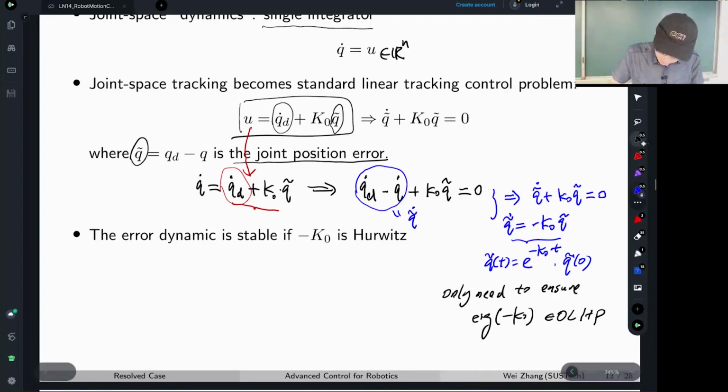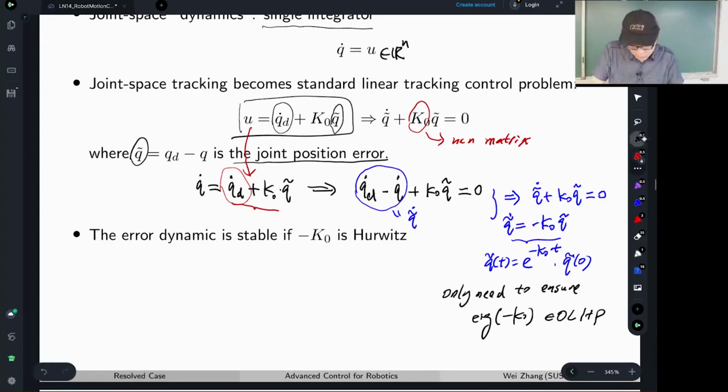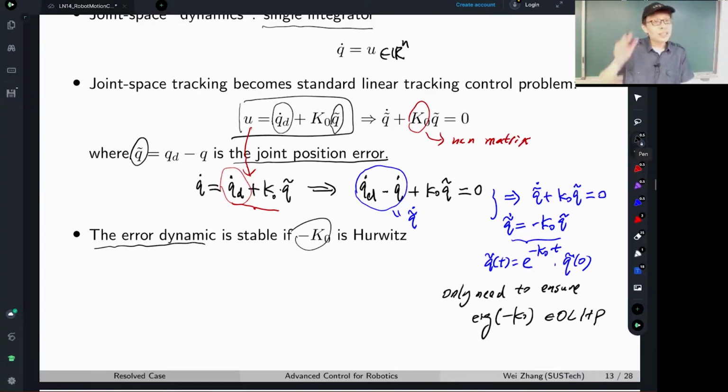What's the dimension of this K0? It's an n by n matrix, right? It's a gain matrix, and the error dynamics is stable if negative K0 is Hurwitz. The eigenvalues of it are in the open left half plane.